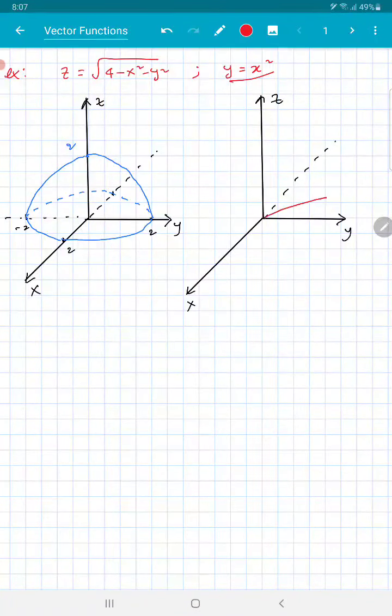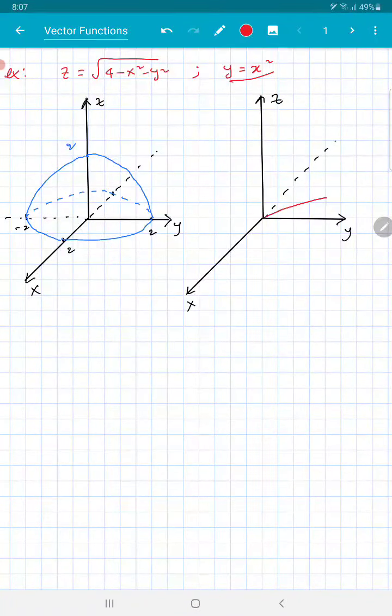Now, when these two surfaces, the parabolic cylinder and the upper hemisphere, intersect, what we have is a curve. It's on the parabolic cylinder and it is also on the upper hemisphere.